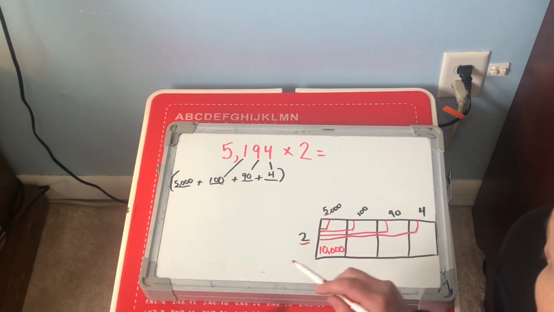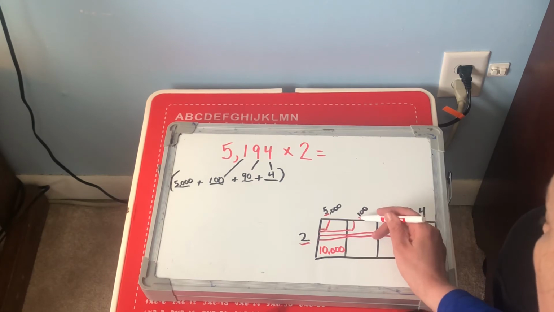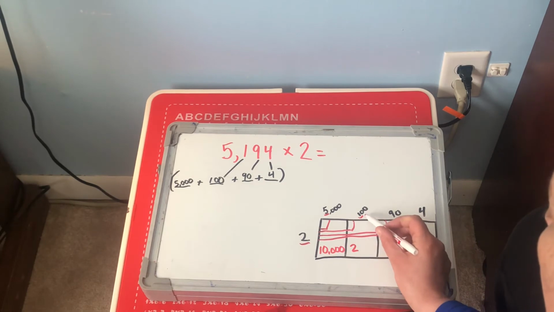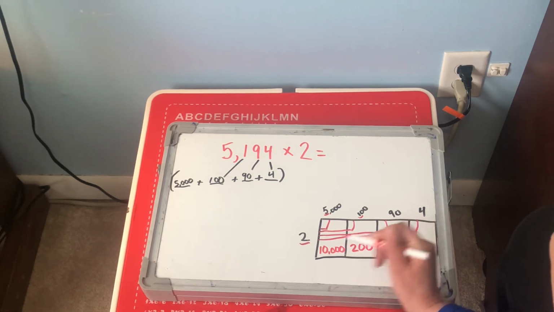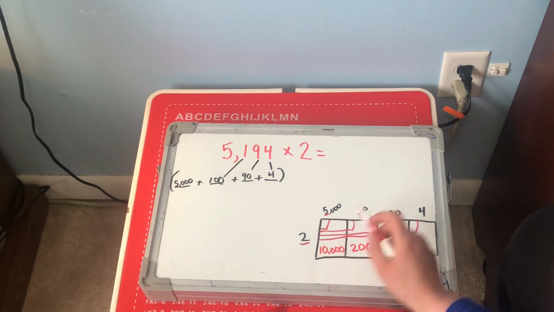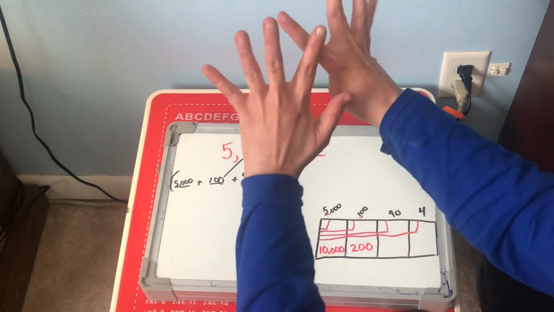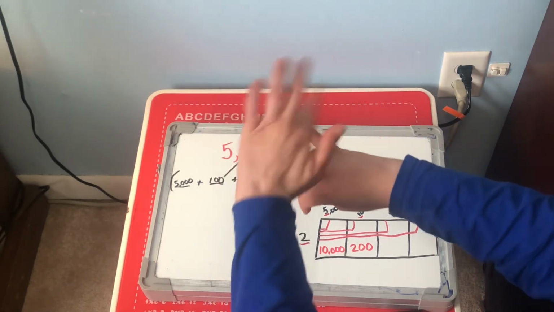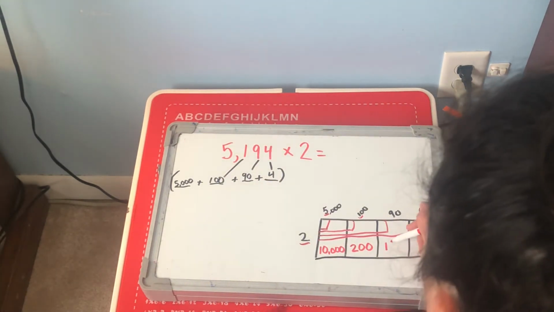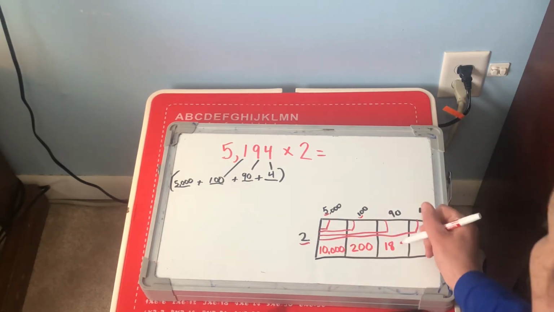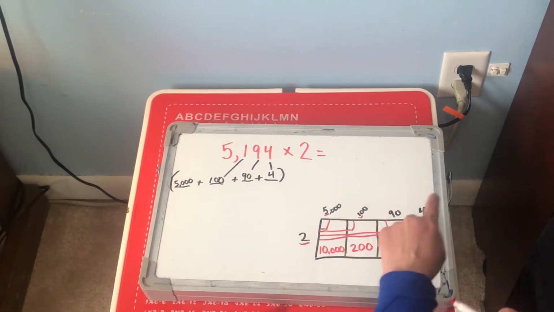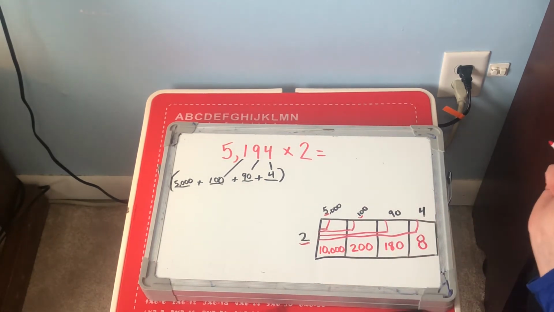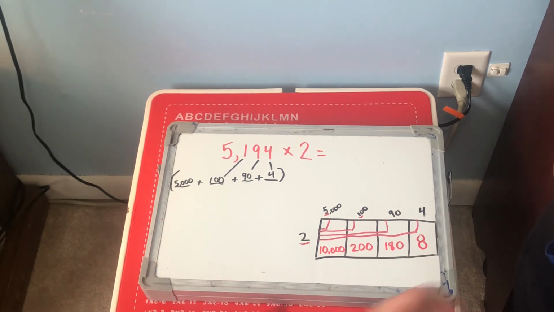This box is going to be 2 times 100. 2 times 1 is just 2. 1, 2. 2 times 9, 2, 4, 6, 8, 10, 12, 14, 16, 18. And how many zeros? 1. And 2 times 4 is 8. These are my partial products. Now I just need to add them up.